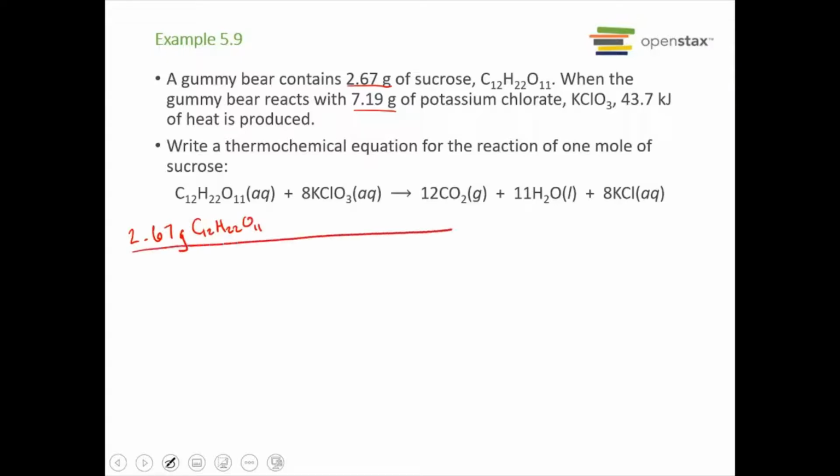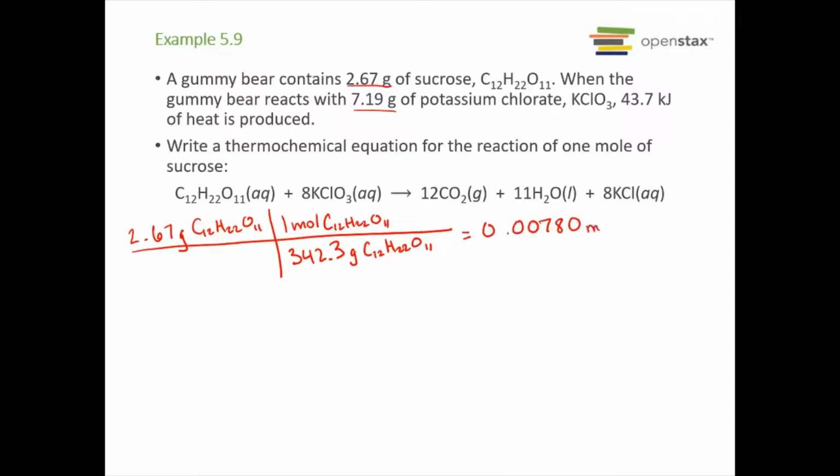So starting with sucrose, it has a molar mass of 342.3 grams per mole. Your book does this a little differently, but I'm going to do it how they do here. That gives 0.00780 moles of sucrose.